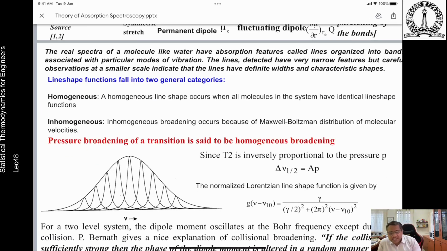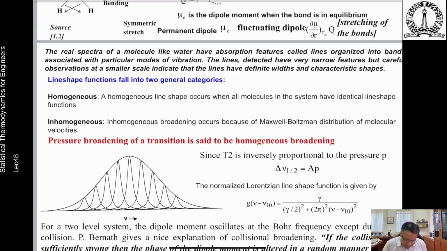These lines detected have very narrow features, but carefully observed at smaller time scales, they indicate that the lines have definite widths and characteristic shapes.